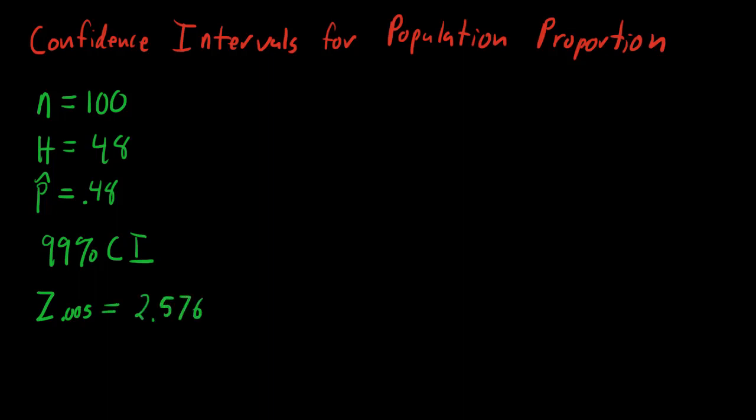So we get z of 0.005 is equal to 2.576 standard deviations. To find our confidence interval, we have our p hat value plus or minus our z of alpha over 2 times our sample standard deviation, s sub p hat.